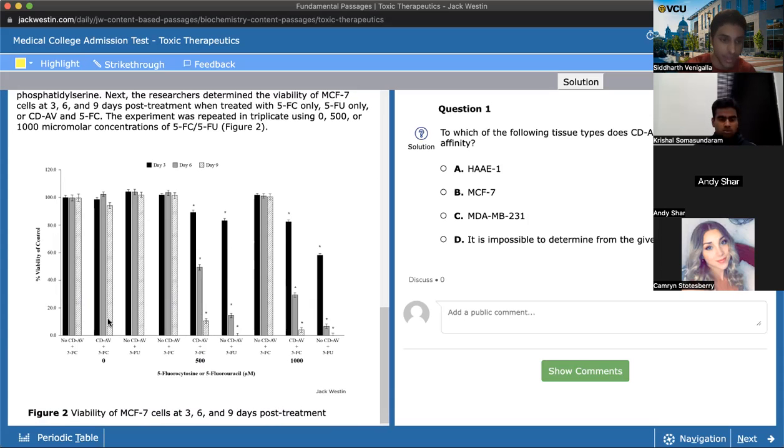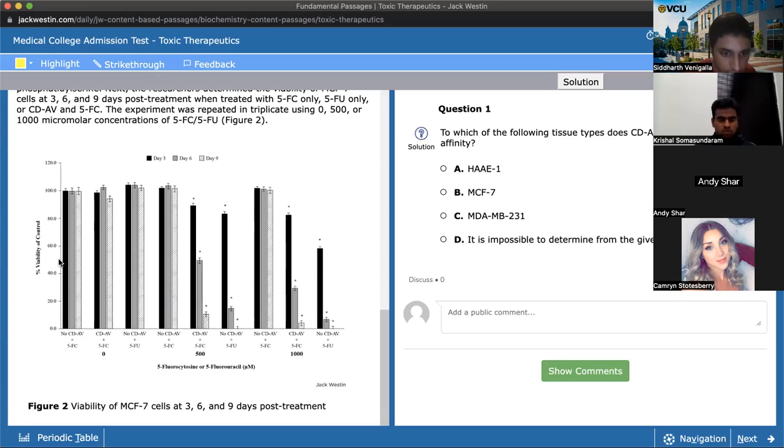Triplicate means for each condition, we're going to do 3 trials. Think about that for a second. Actually, no, they measured it at 3 different time points. So day 3, day 6, day 9 for each condition. Awesome.